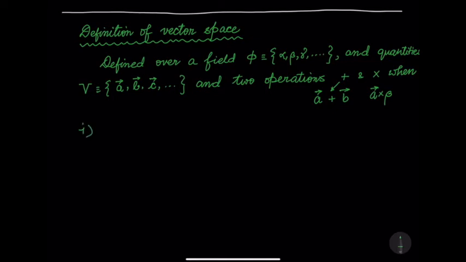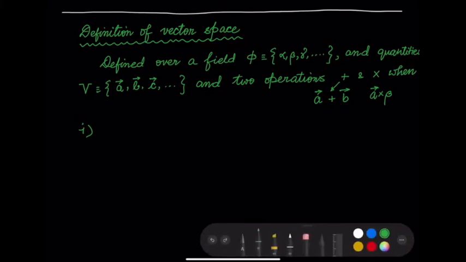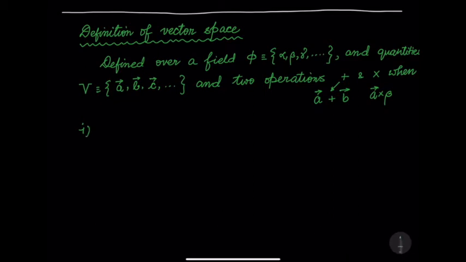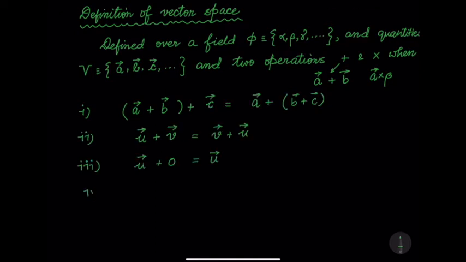I'm not going through them with utmost care because I believe that you already know them. So associative, additive identity, additive inverse, minus u is the additive inverse of u, and then operations with the scalars.